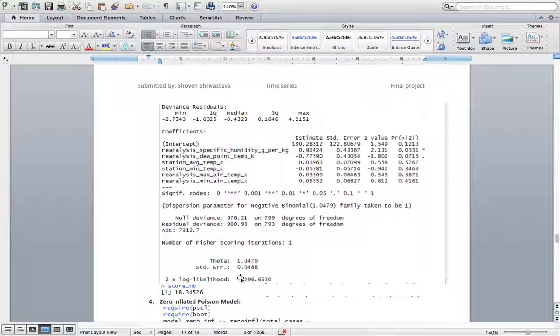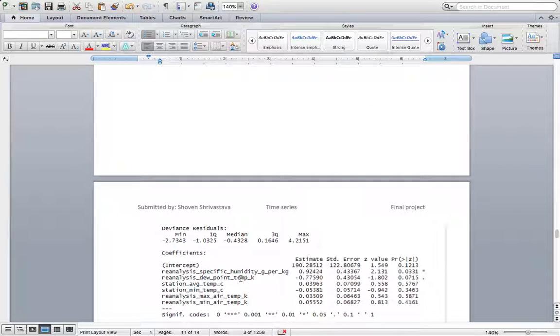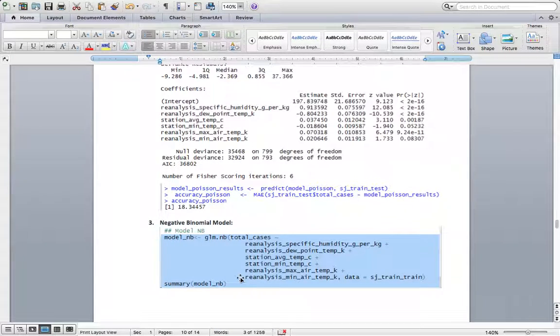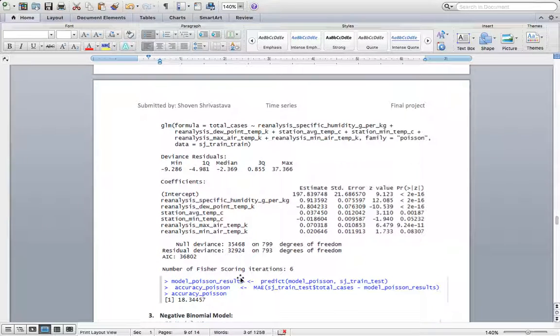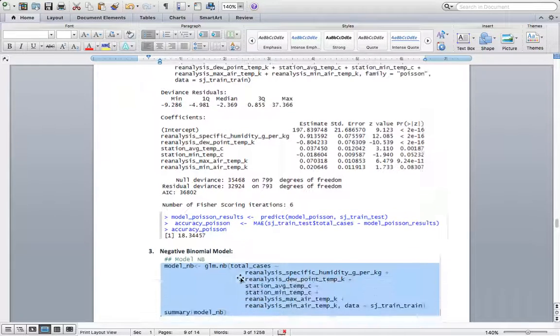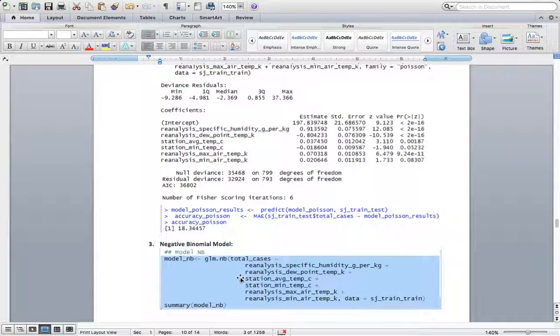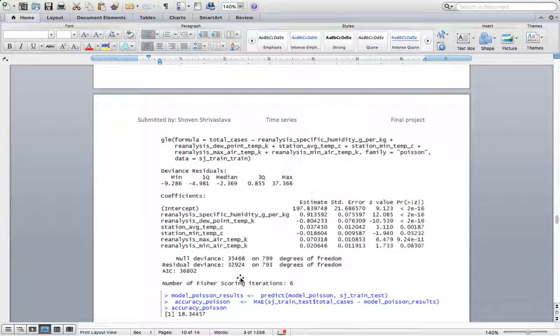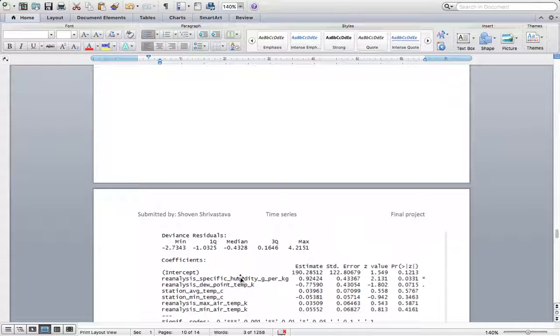Then I tested the accuracy for all the models, and it seems that the Poisson model has the best accuracy, with an error of 18. So I think this is the most accurate model out of the 5 models that I have built.